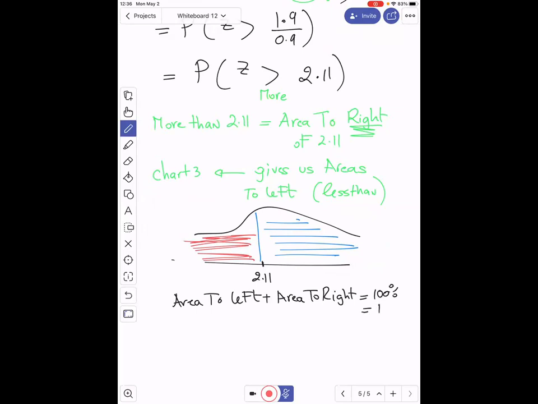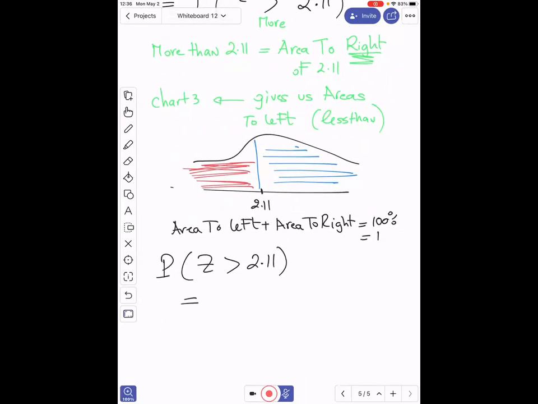So I want to find this area to the right, the probability that Z is more than 2.11. If you solve for the area to the right, that would be 1 minus the area to the left. The area to the left is Z less than 2.11.